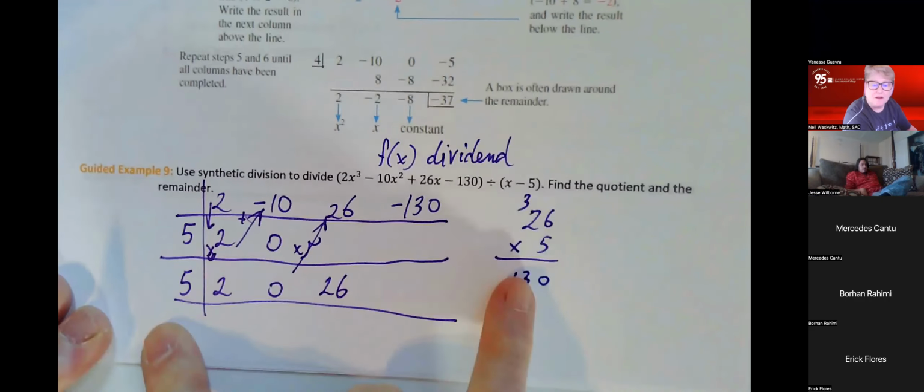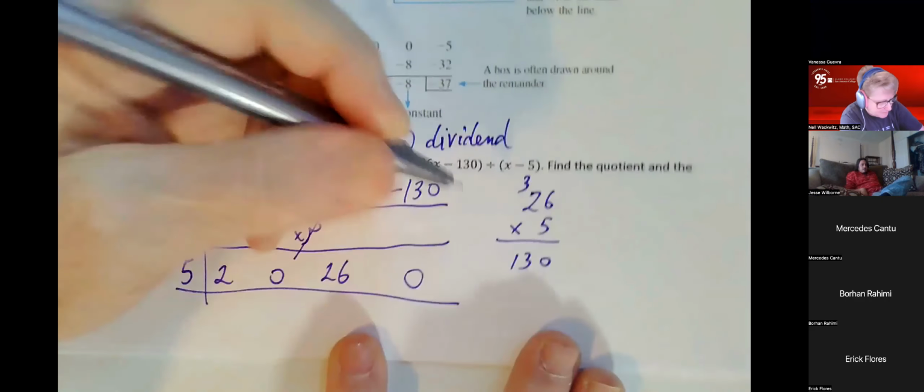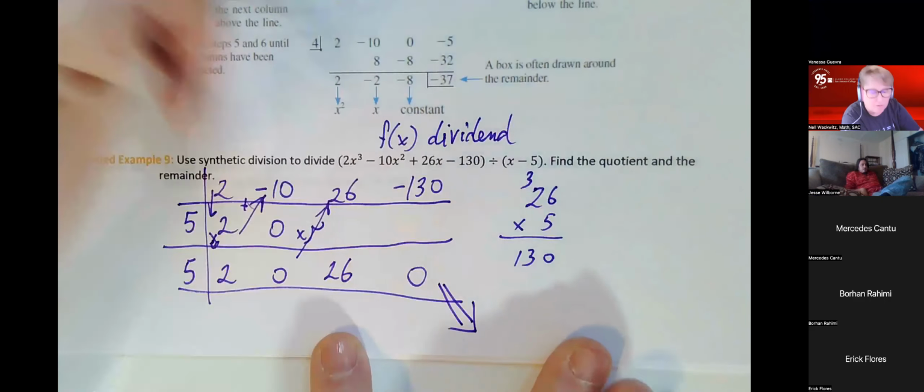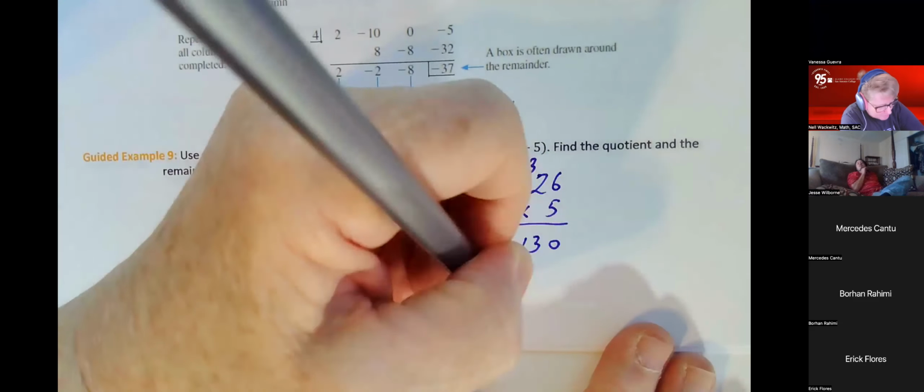So we get 130 minus 130, 0. So what is our remainder? 0. Good.